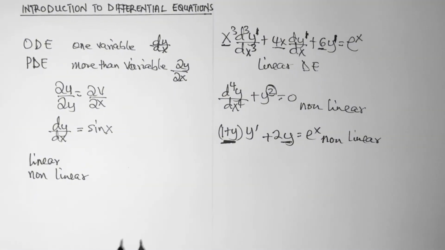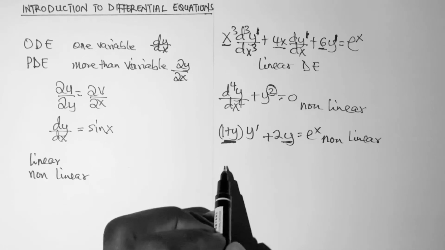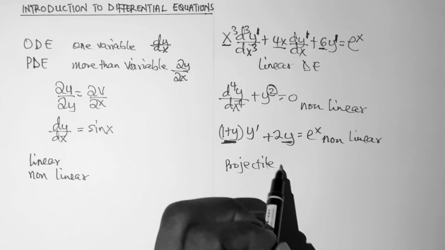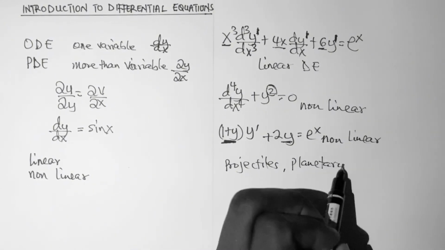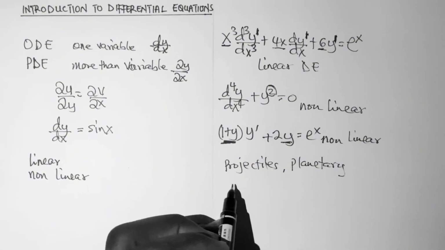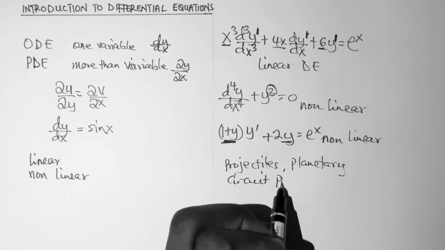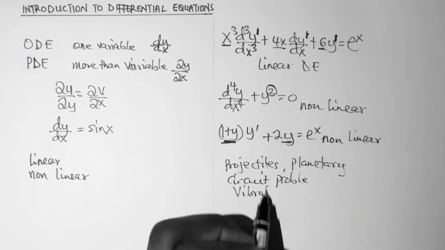So let's talk about the applications. Differential equations are usually applied in projectile motions. They are used to analyze projectile motions and also planetary motions. They are also used to analyze circuit problems, and vibrations in a wire.